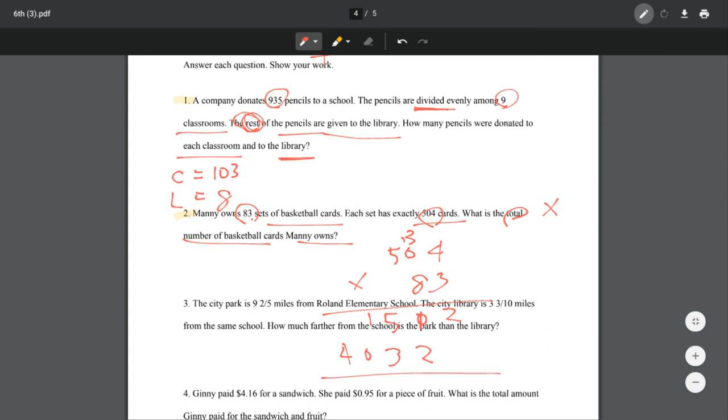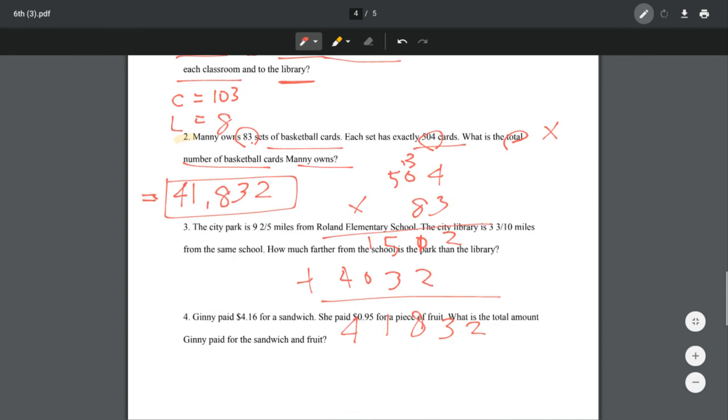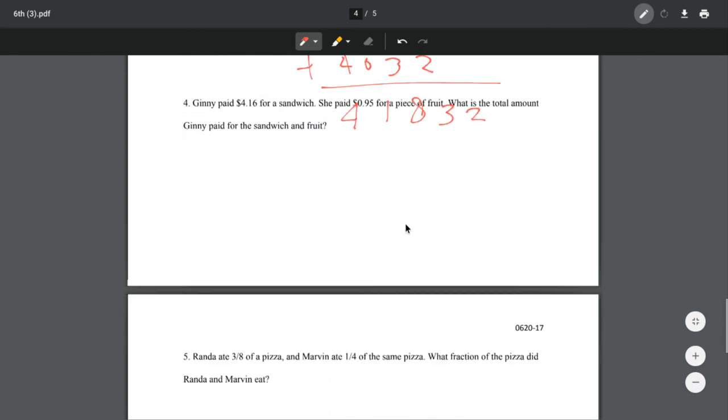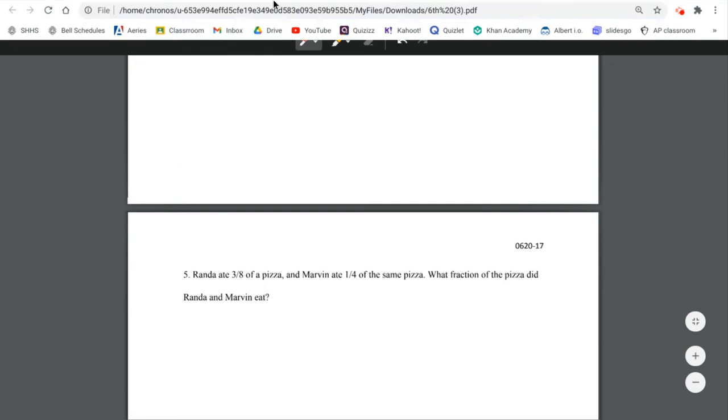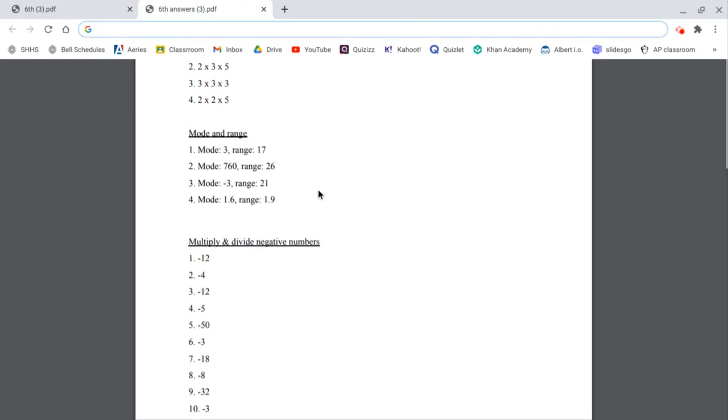So now just add. That's 2, 3, 8, 1, and 4. And so our answer, the number of basketball cards that Manny owns, is 41,832. That's it. Finish the rest. And then here's the answer key.